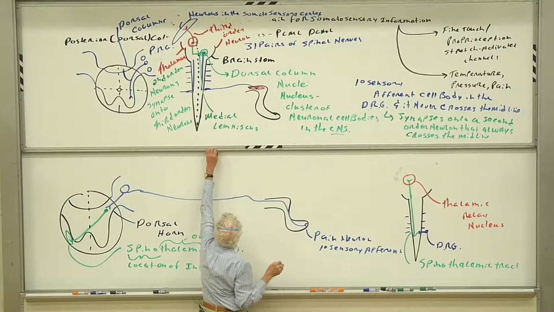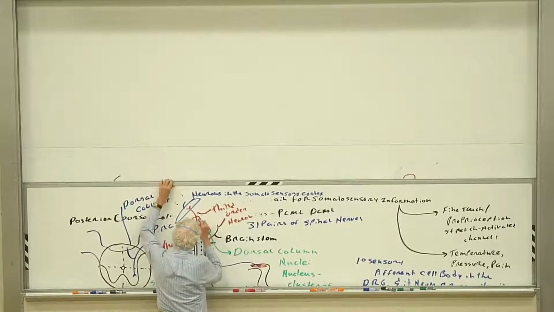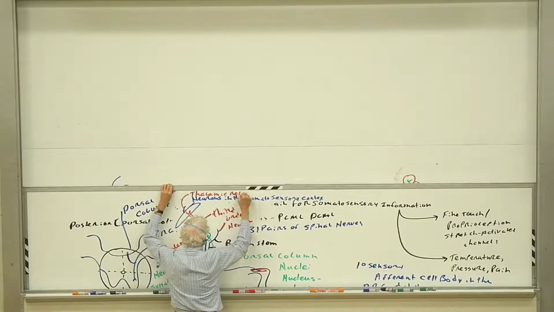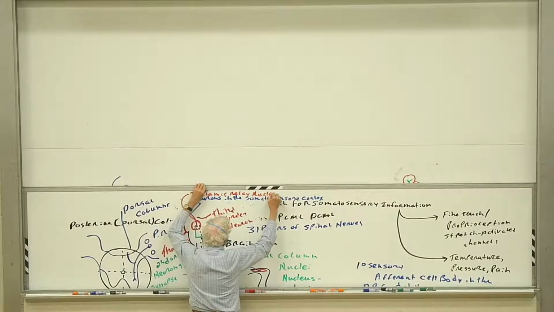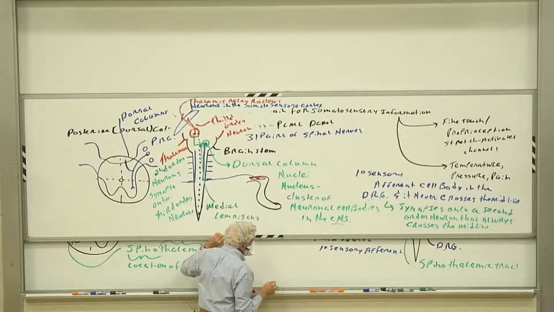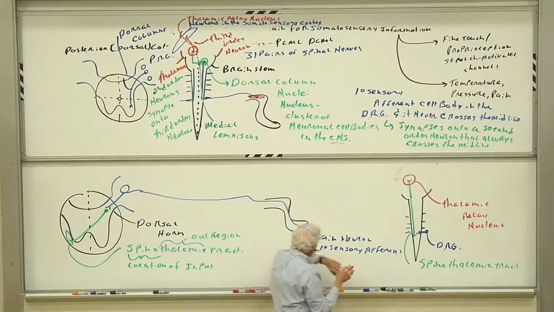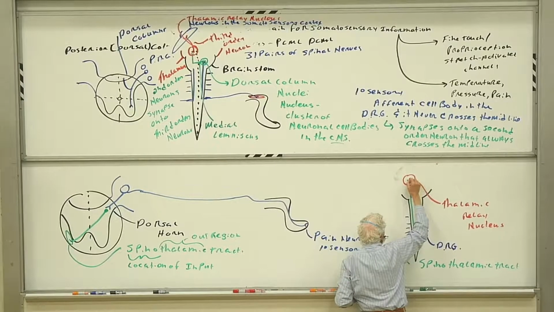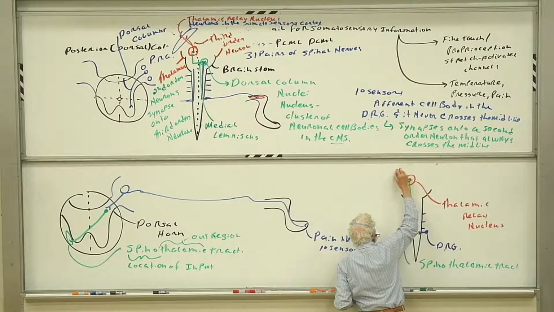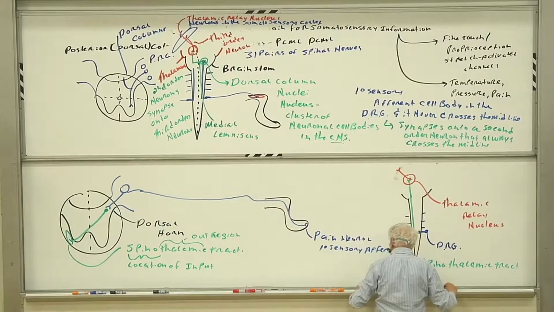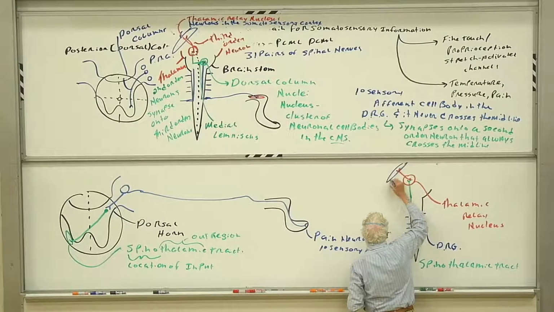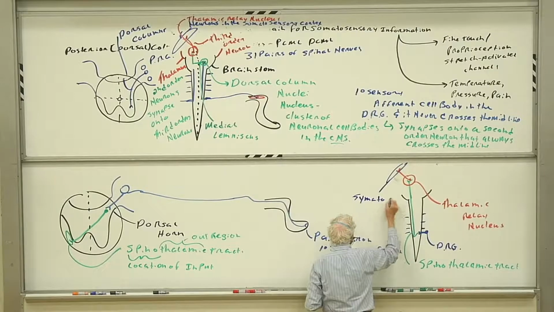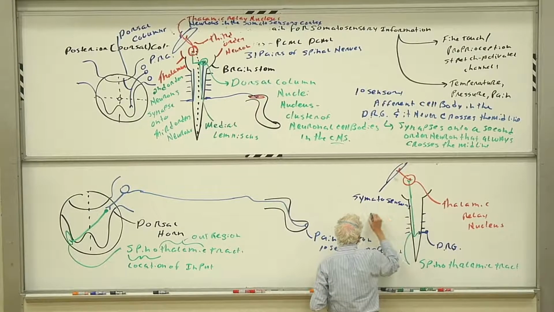So just as up here, we had this thalamic relay nucleus. The third-order neuron will receive input in the thalamic relay nucleus, and send a process here to the somatosensory cortex.